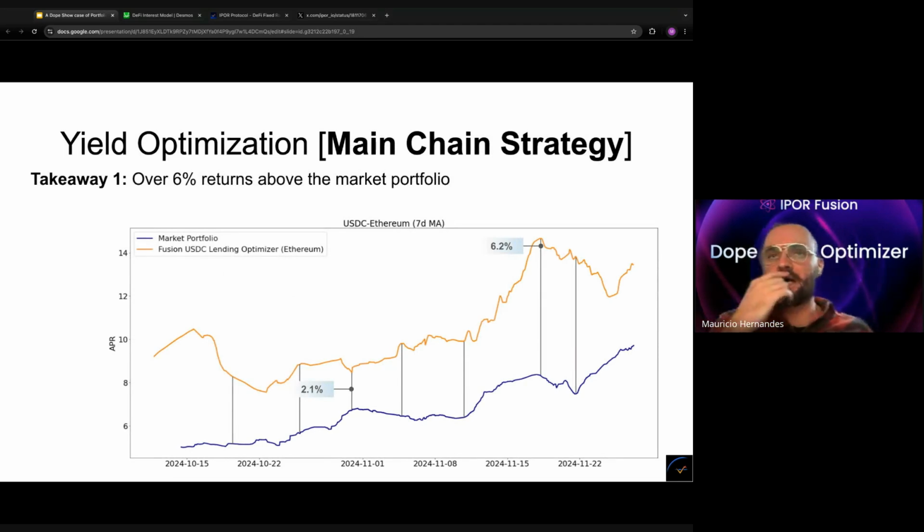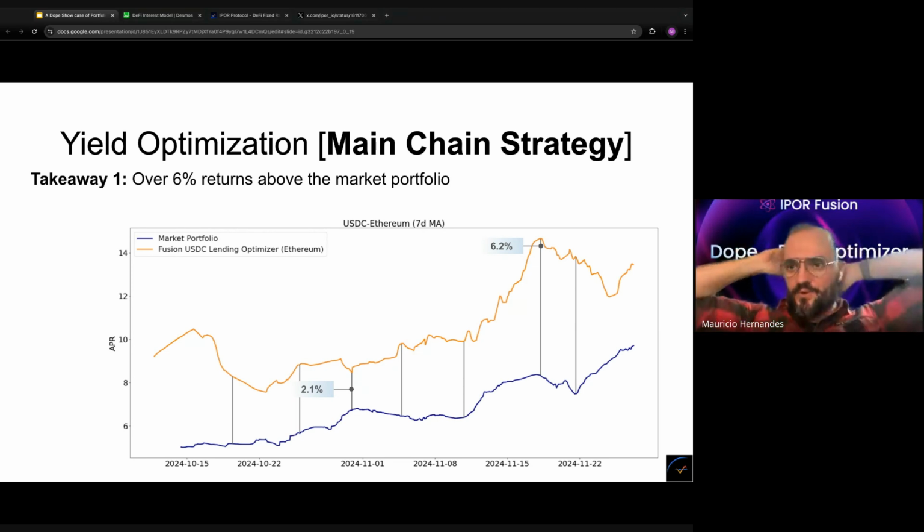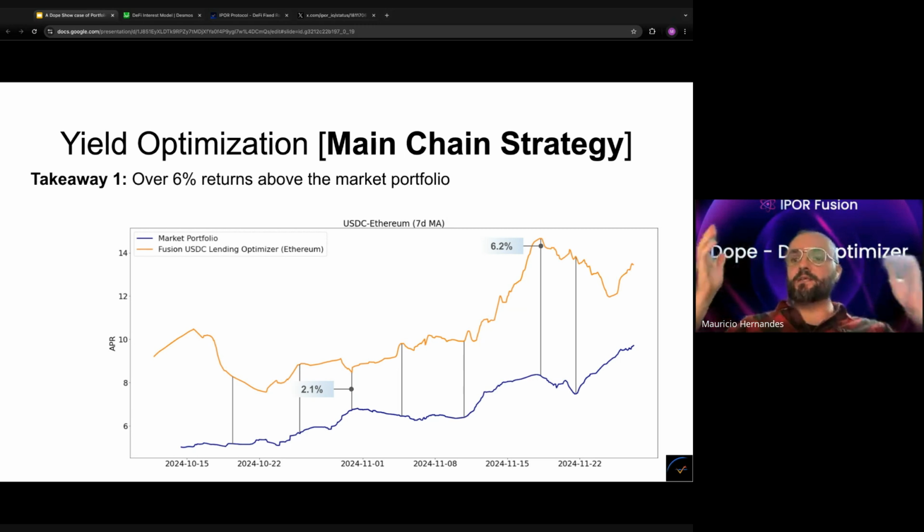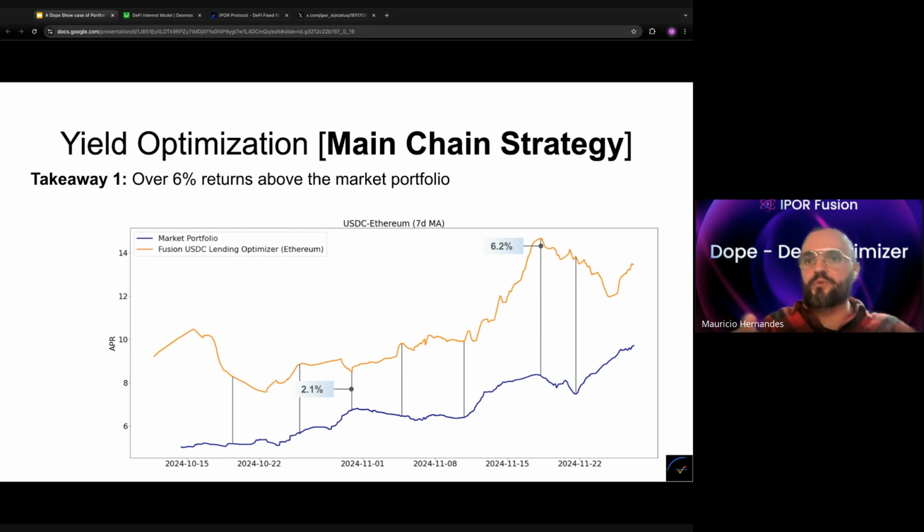So first, this is the yield optimization strategy that we built. From most of the math we were talking about in the first slides, we came to the conclusion that it made sense to have an optimization strategy that considers a universe of pools, on this particular plot USDC on Ethereum, and then starts allocating the assets.